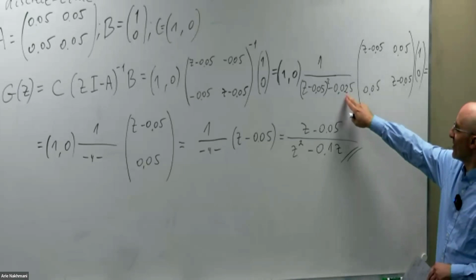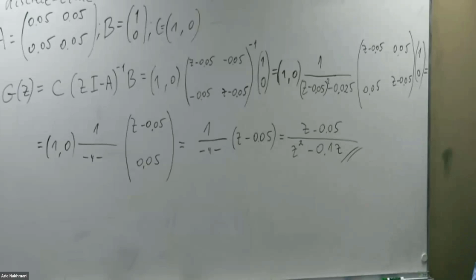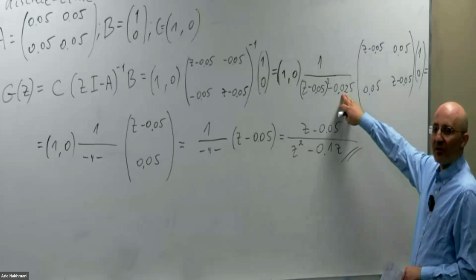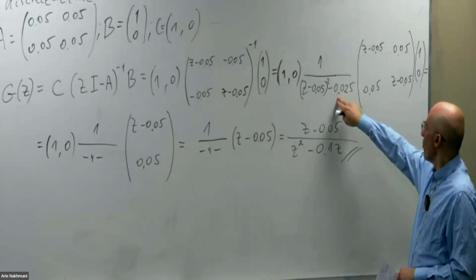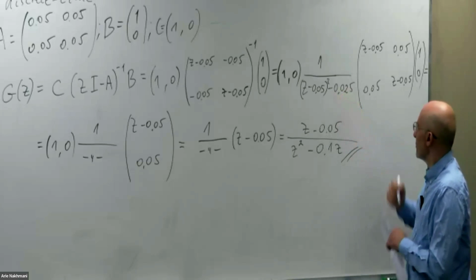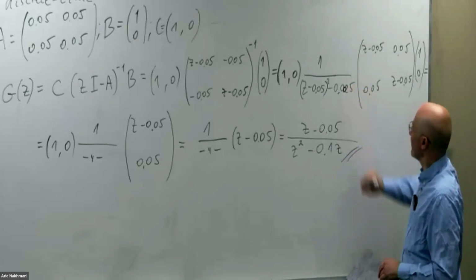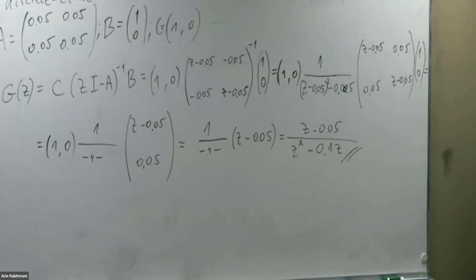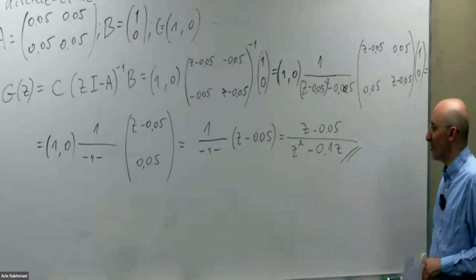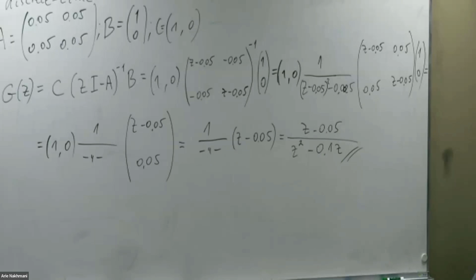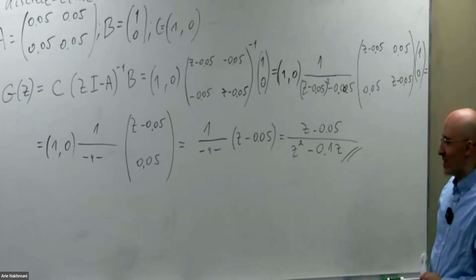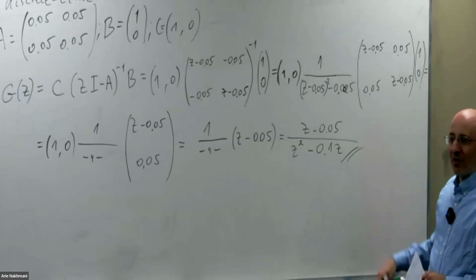And we calculated the square was 0.0025. Regardless of what formula you use, you can use all three formulas to get the same thing. Any questions so far?